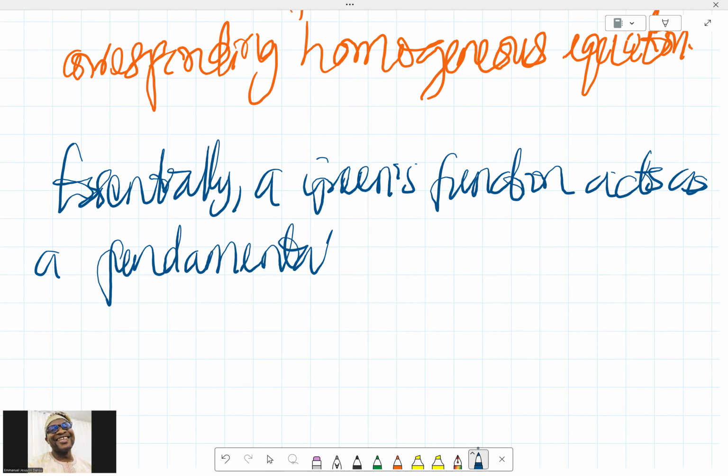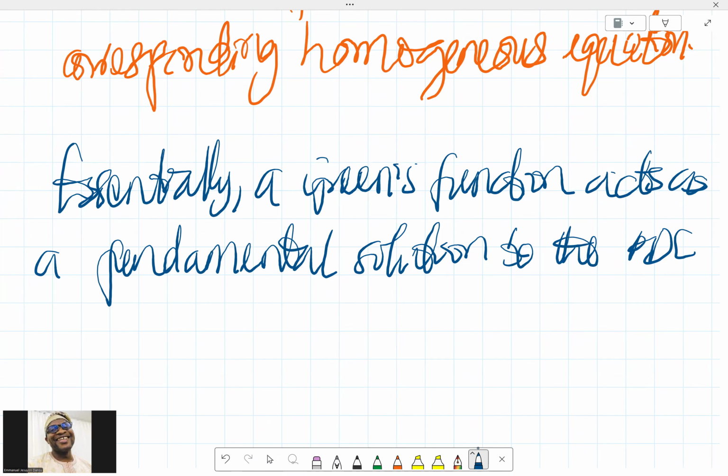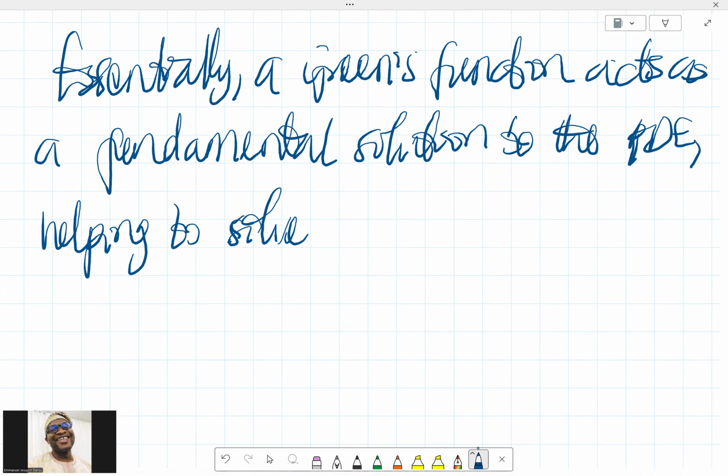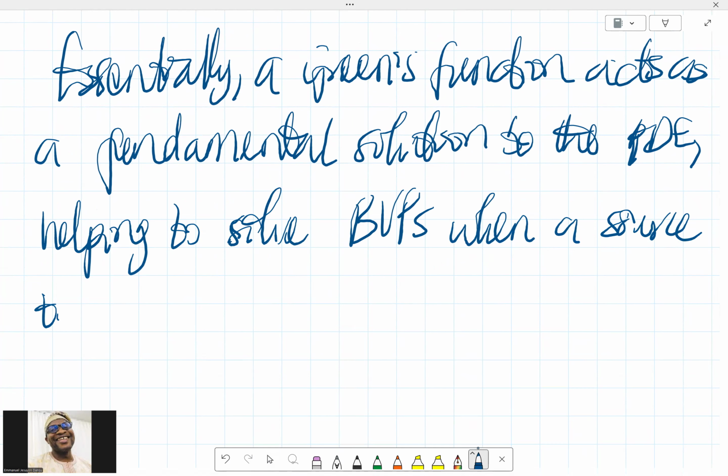It acts as a fundamental solution to the PDE, helping to solve boundary value problems when a system is present.